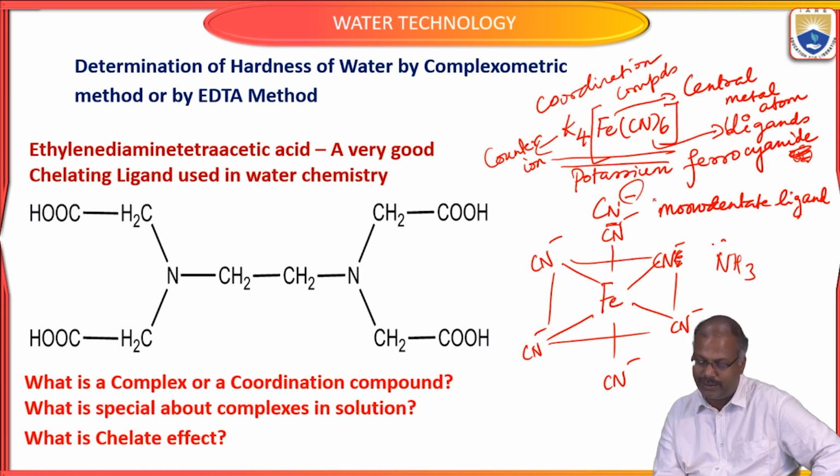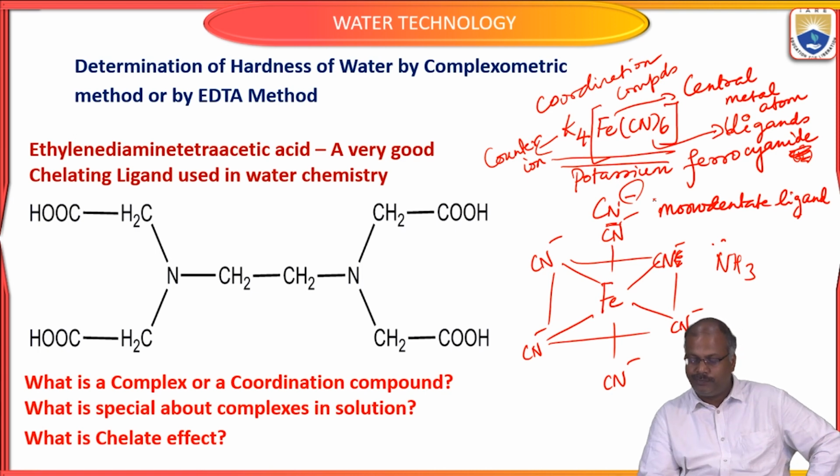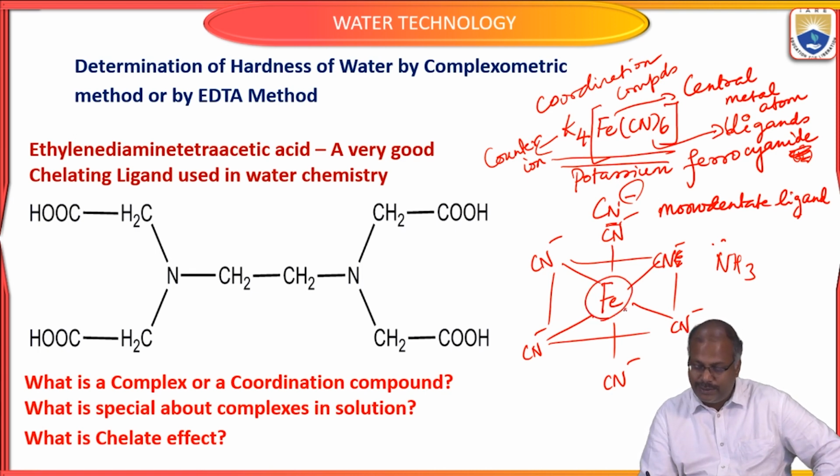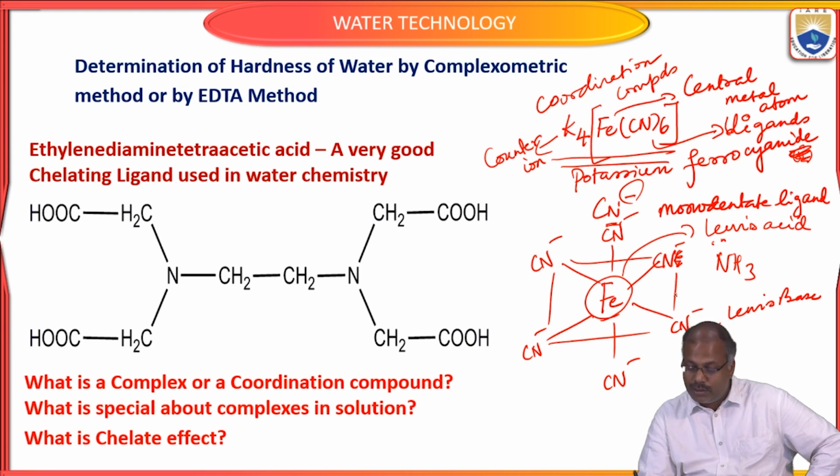The central metal atom accepts those electrons, so it is called a Lewis acid. Ligands donate electrons to the central metal atom through their negative charge or lone pair, so they are called Lewis base. They form a coordinate covalent bond, not a covalent bond.